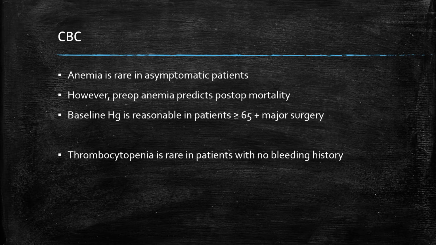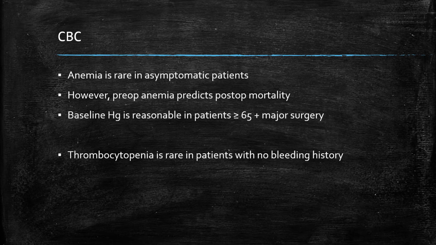So which of our preoperative patients should have a CBC done? First of all, anemia is very rare in asymptomatic patients. And so we should ask our patients about undue fatigue or whether they're orthostatic. And if the answers to these questions are no, then it would be very unusual to find a low hemoglobin on the CBC.